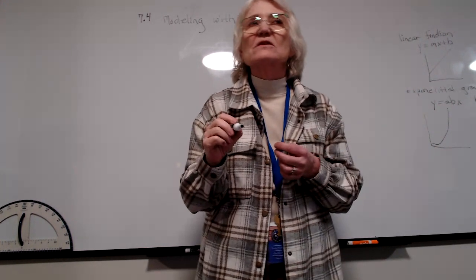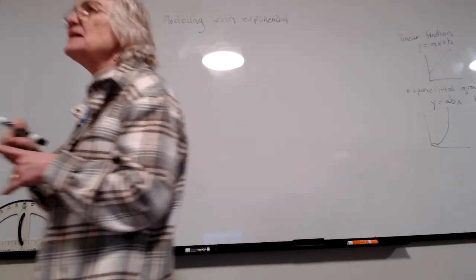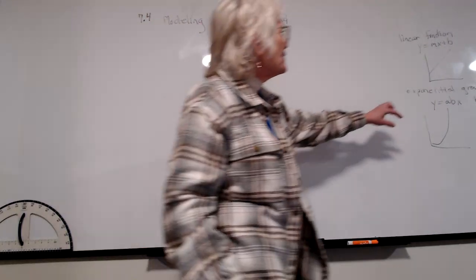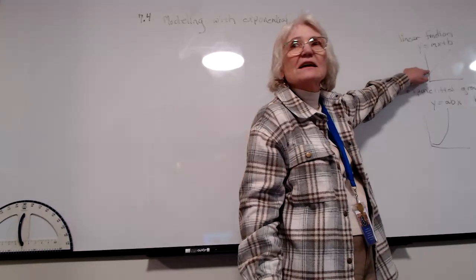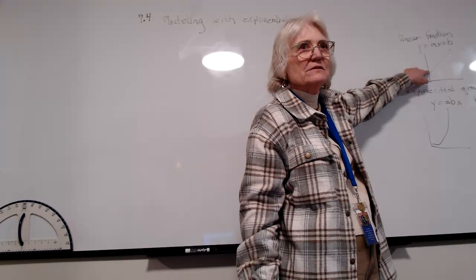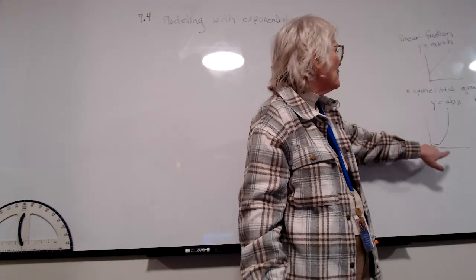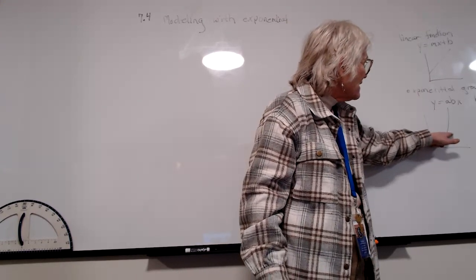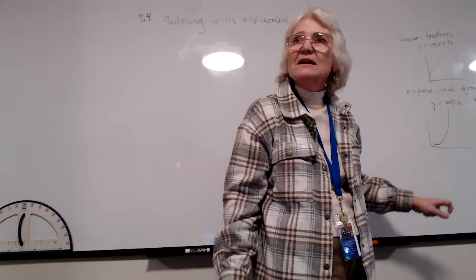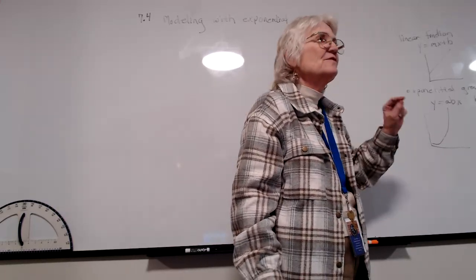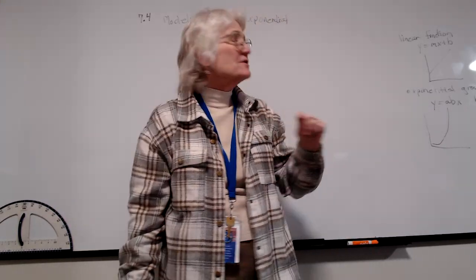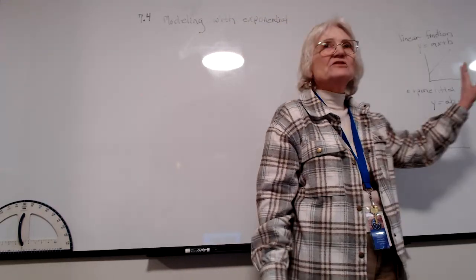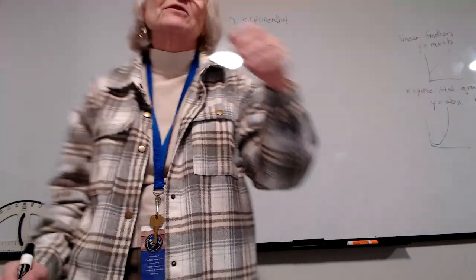In fact, exponential growth in the first few years is less than linear growth. If I put these two on the same graph, the linear line would be higher. It's a slow growth pattern and then it just accelerates. That's one we've looked at.